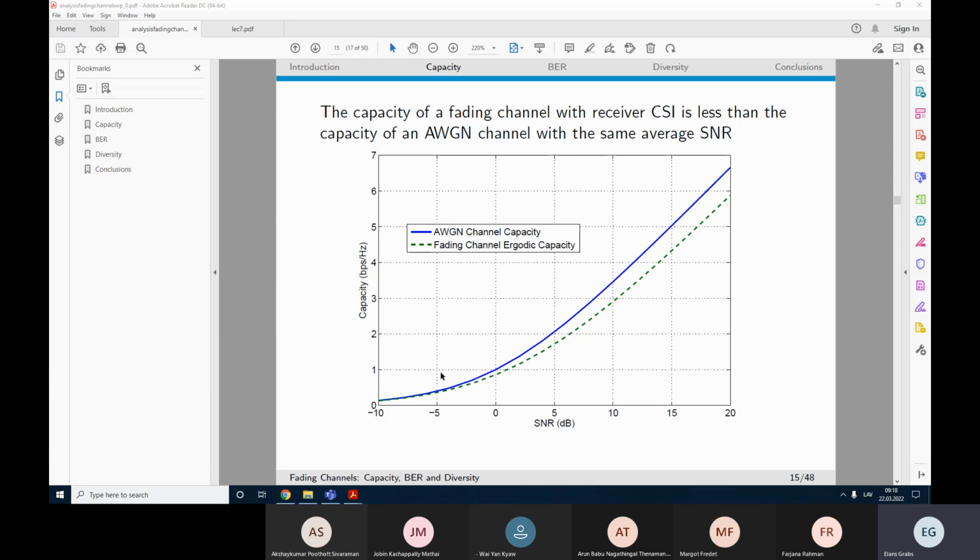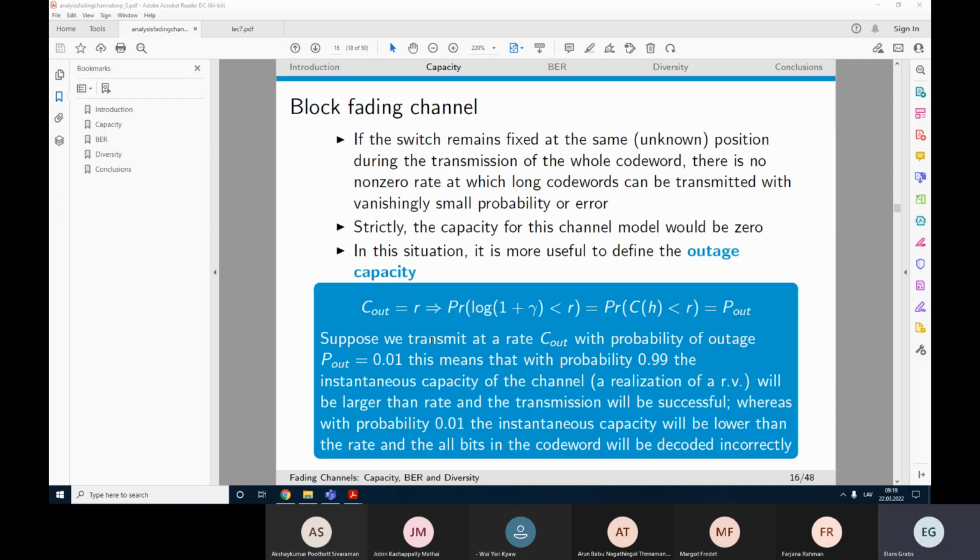And if we do so for the average signal-to-noise ratio, we can see that the capacity degrades: the higher the signal-to-noise ratio, the higher this difference. Here we have almost no difference at all, but as we go further, this difference is going to increase more and more, related to the AWGN channel.